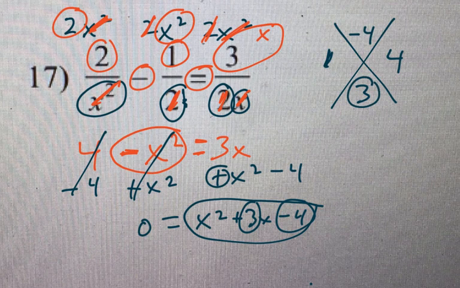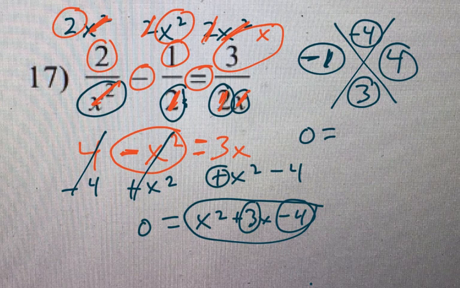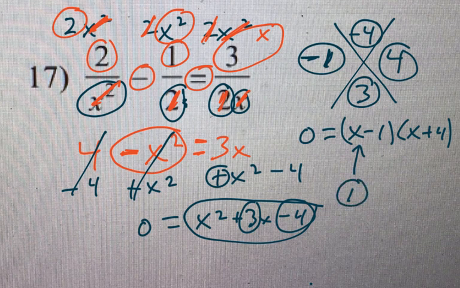Now to get this 3, I need to do 4 minus 1. And the 4 times minus 1, of course, is negative 4. So the factored form is 0 equals x minus 1 times x plus 4. And right here, we should realize that 1 minus 1 is 0. And right here, we should know that negative 4 plus 4 is 0.